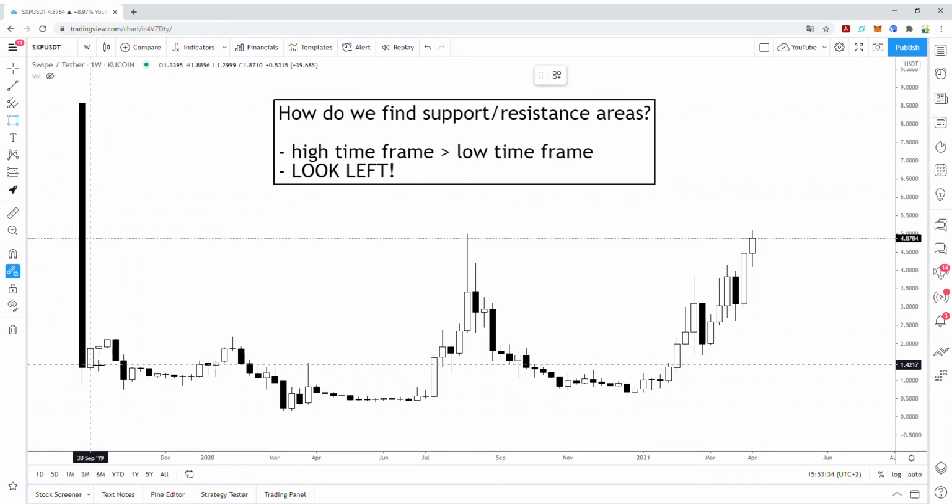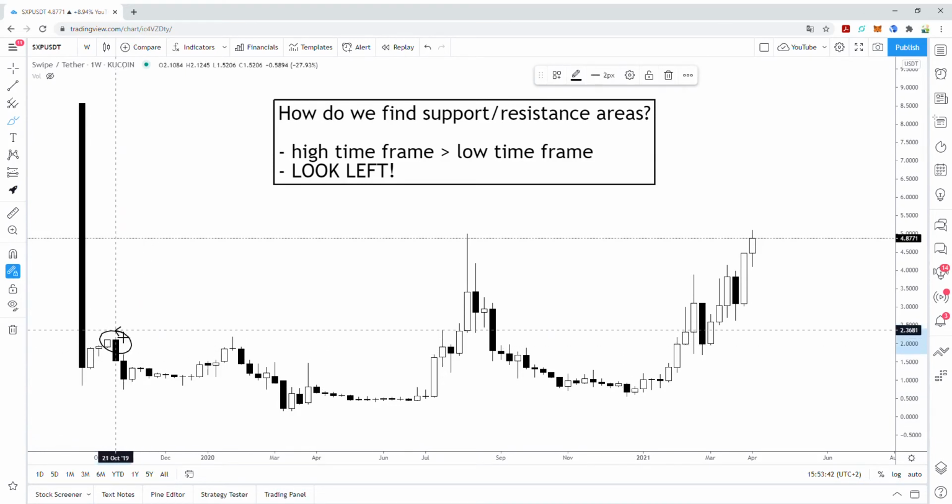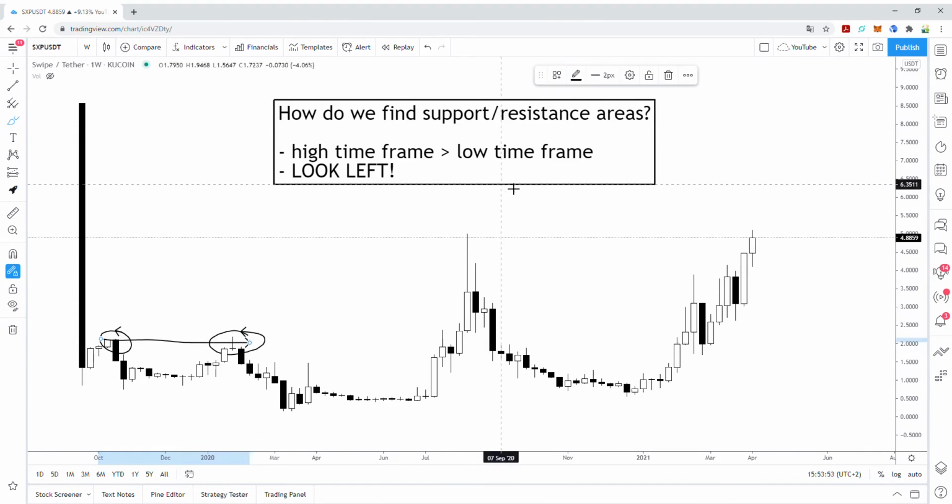So we're going to start here and we see that the price has gone up here, went down, went up here. So here we can see already we have two points where the price has been, but it could not push higher. This already tells you that, hey, here sellers are interested in selling and there's no one that wants to buy.